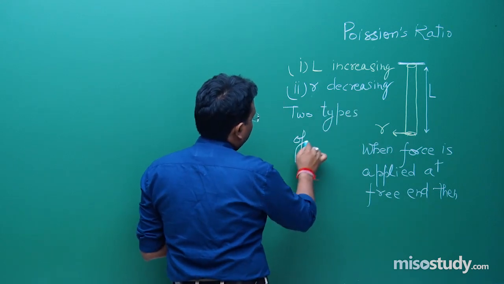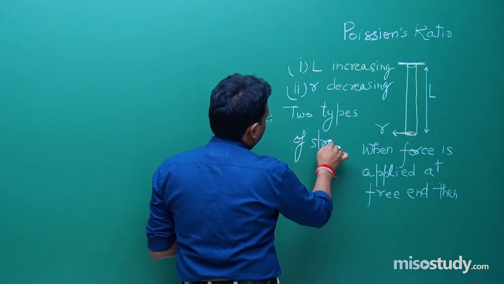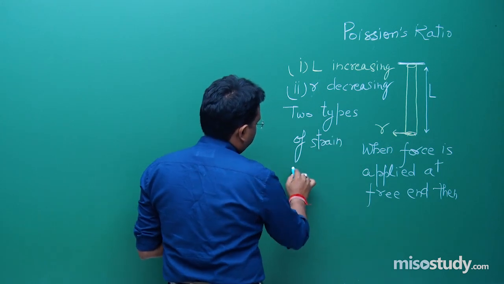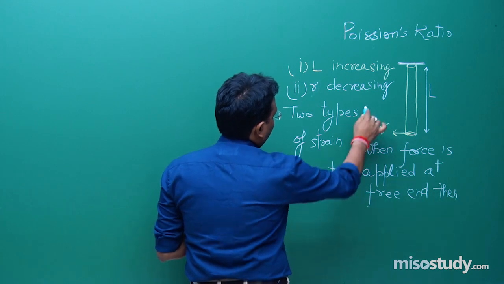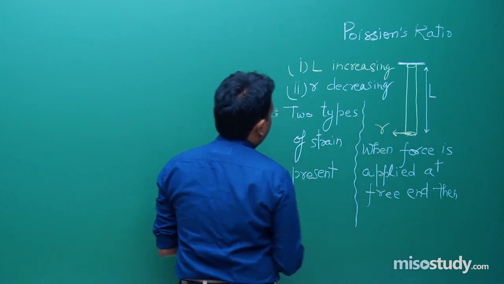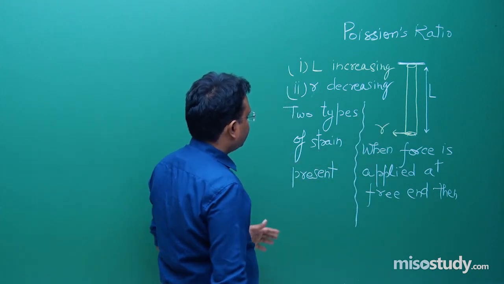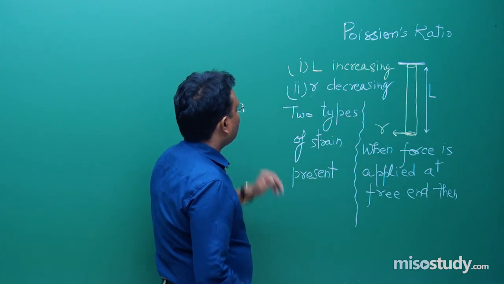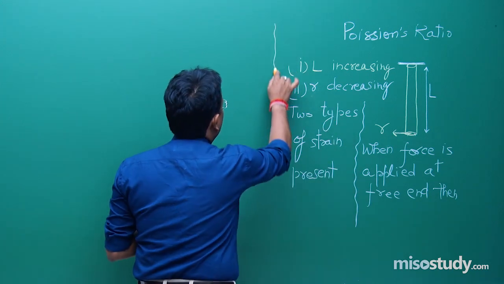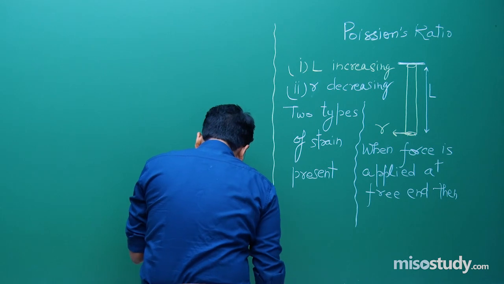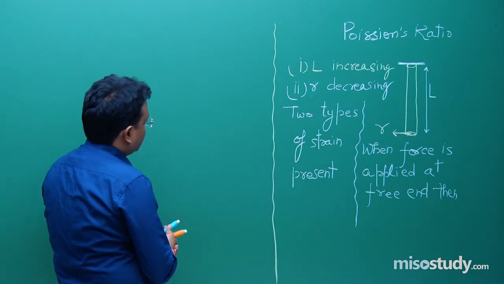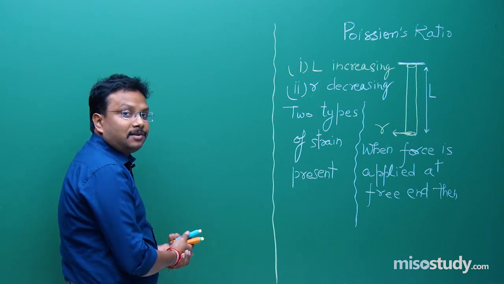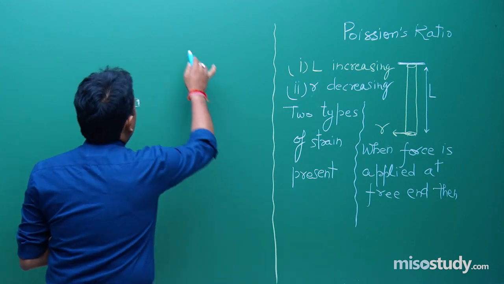There are two types of strain, one is longitudinal, one is lateral.